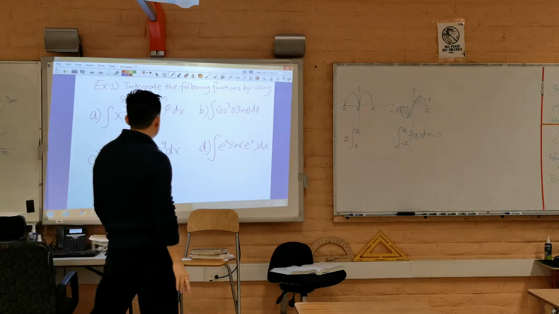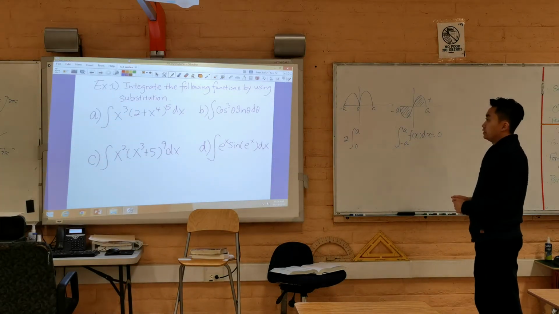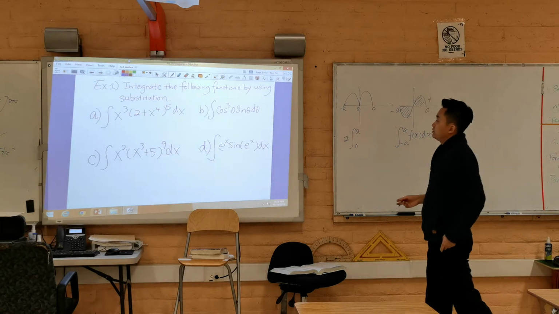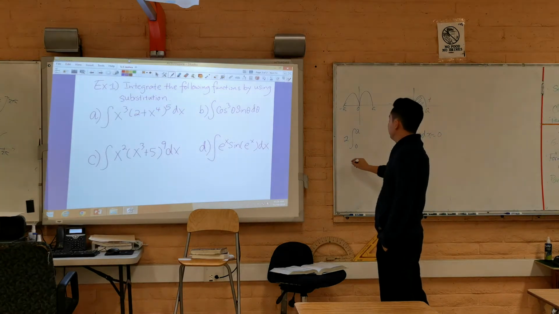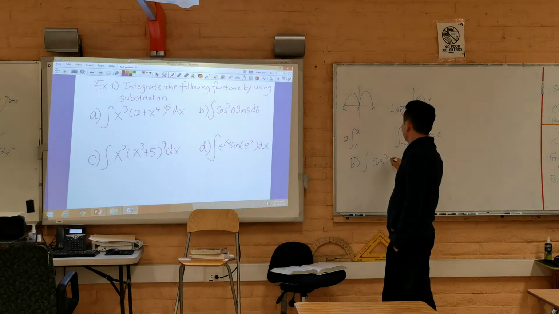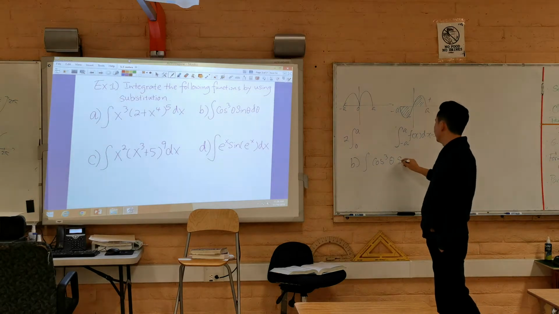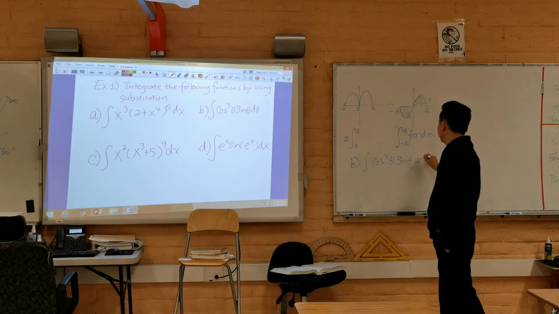So now, here are some of the substitution problems. Let's do one of those. Let's start with the trig functions. So let's say we do part B, the integral of cosine of theta to the third power, times sine theta, d theta.